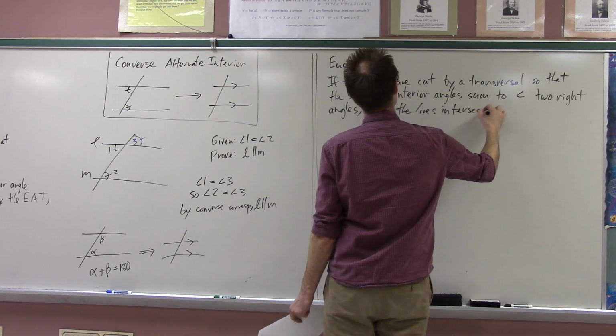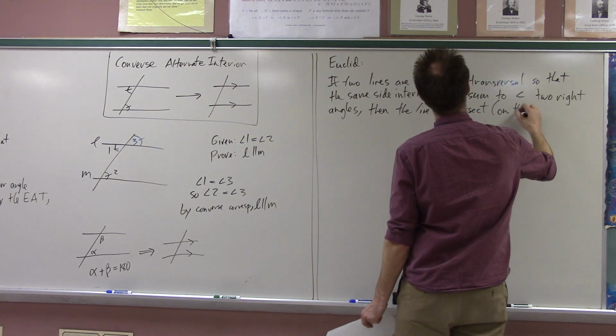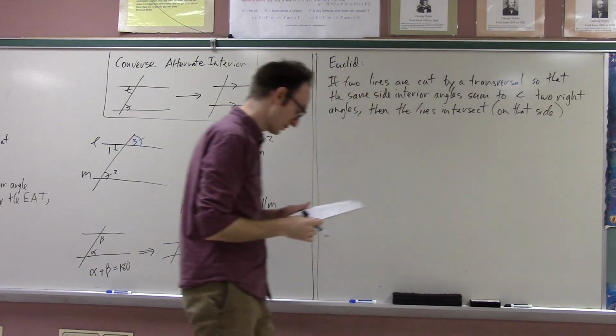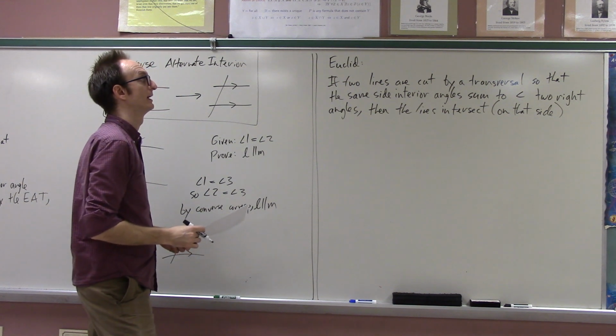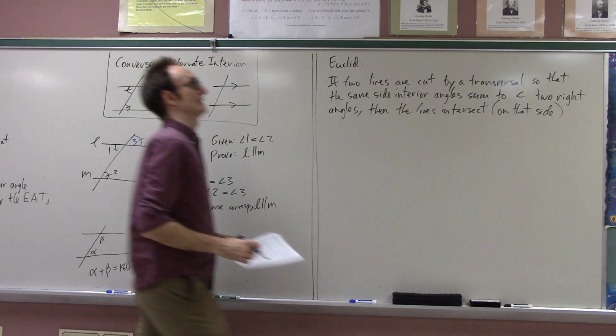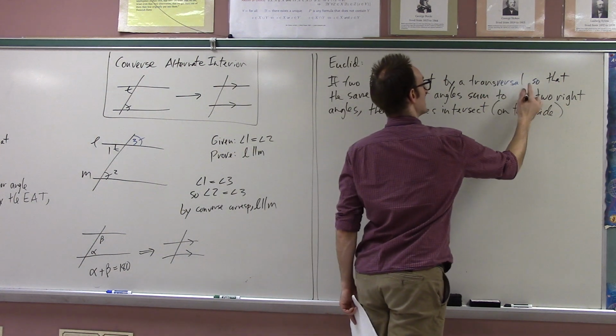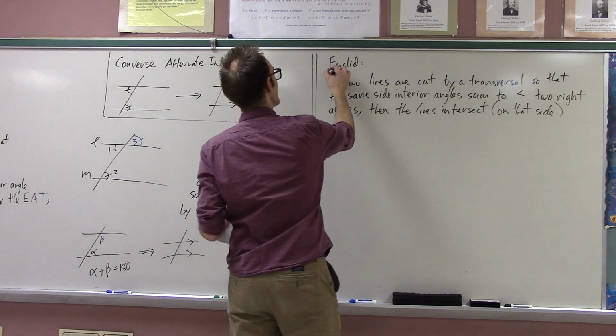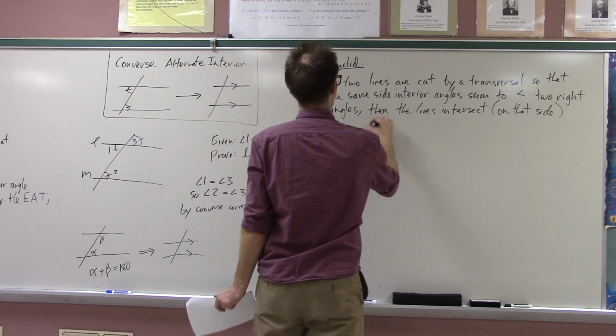And we can even say on that side, on the side on which this is less than, on the side to which there are the same side interior angles. Perhaps a picture is best. So here we go.